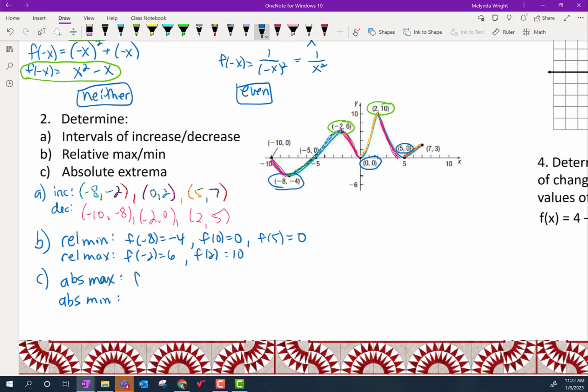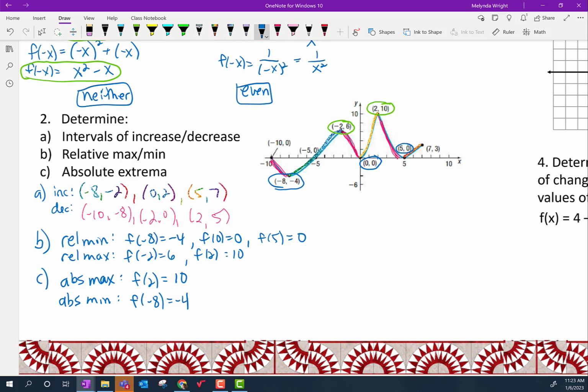So I'm going to write f of, because your book is wanting the whole point, f of 2 equals 10. That's the very tallest, the very biggest y value. Now we want the very smallest y value, which would be -4. So f of -8 equals -4.